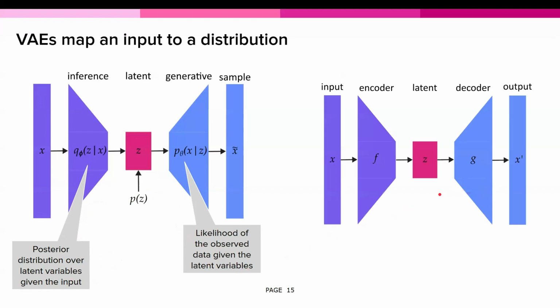And this architecture builds on a traditional autoencoder. So there's still an input, a latent, and an output, but now we've added probabilistic elements. We're sampling meaningful variations of an input and potentially even interpolating between different points in the latent space.